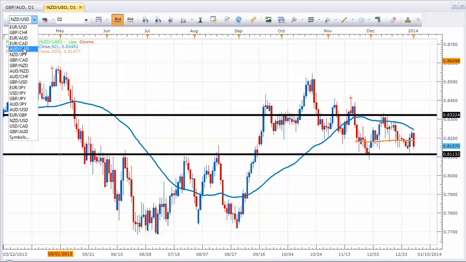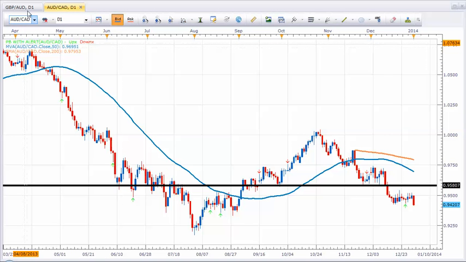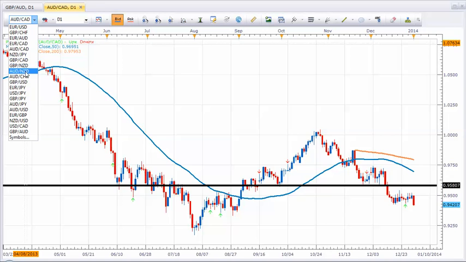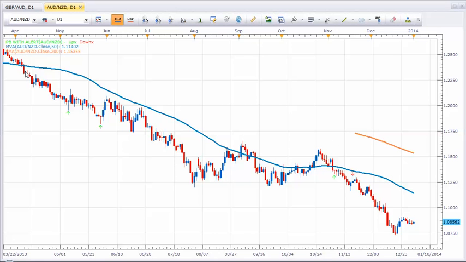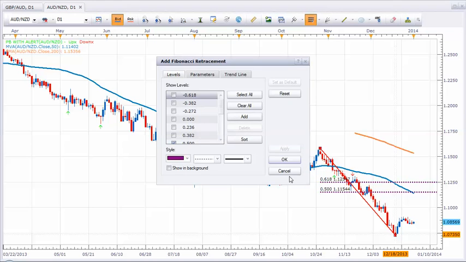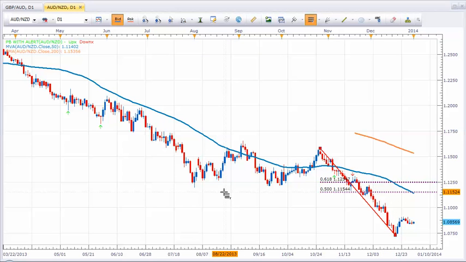Aussie CAD. Oh, we had that. Aussie Kiwi. Okay. This is another one. We know we don't have support and resistance, so if we draw our Fibonacci, going back to here. Yeah, so in these scenarios, where there's no clear support and resistance, the market can just move pretty quickly.